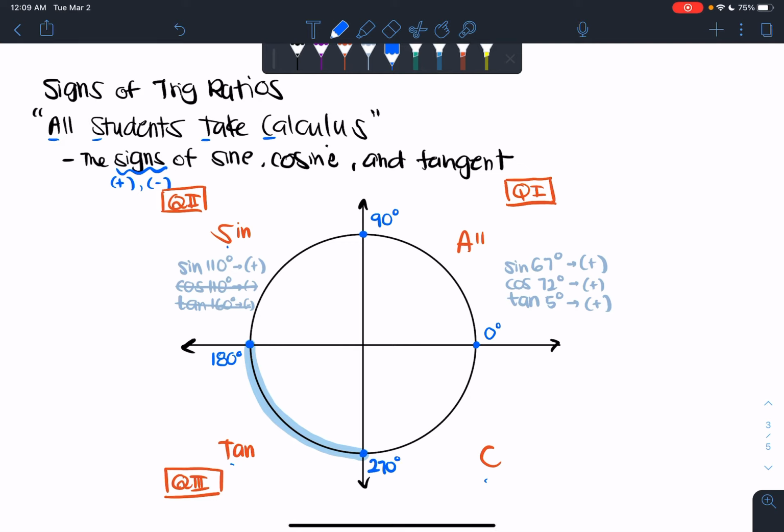So if we took the tangent of 200 degrees, we get a positive value, but with sine or cosine, let's say of 196 degrees or 181 degrees, these will give us negative values.